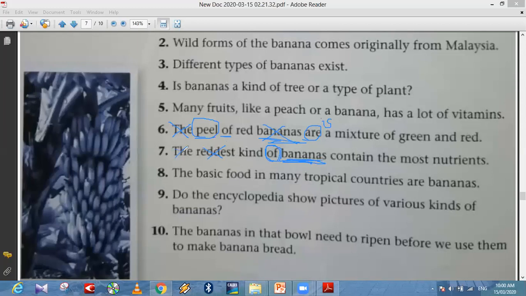The is a definite article. Of bananas: bananas is the object of the preposition of. It's not the simple subject. So contain is wrong; it will be contains with S. Yes, add S here. Thank you so much. Welcome.